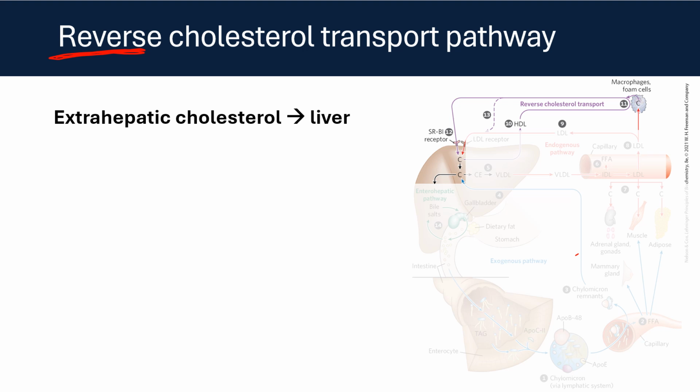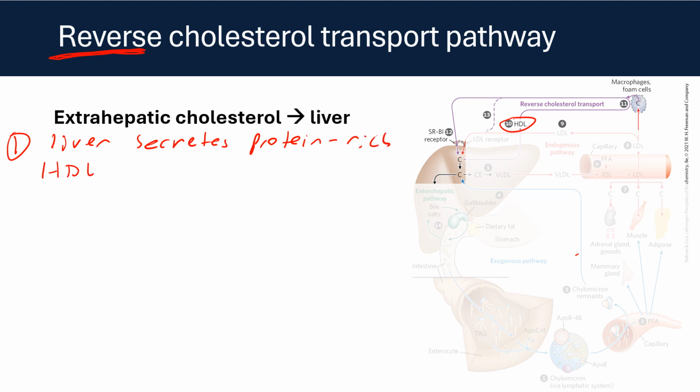The first step of the extrahepatic process begins with the secretion of protein-rich HDLs. Liver secretes protein-rich HDL.